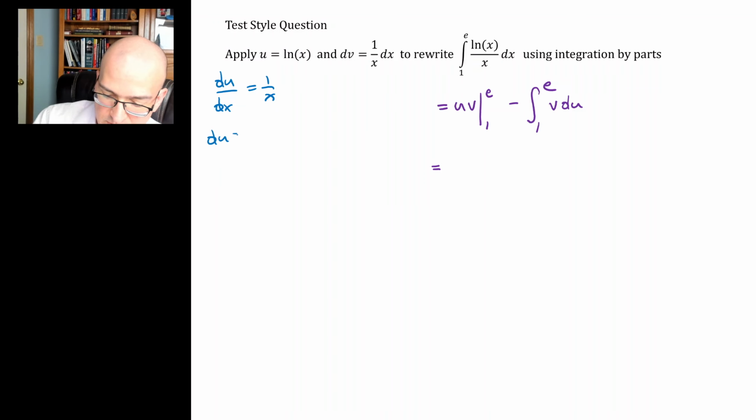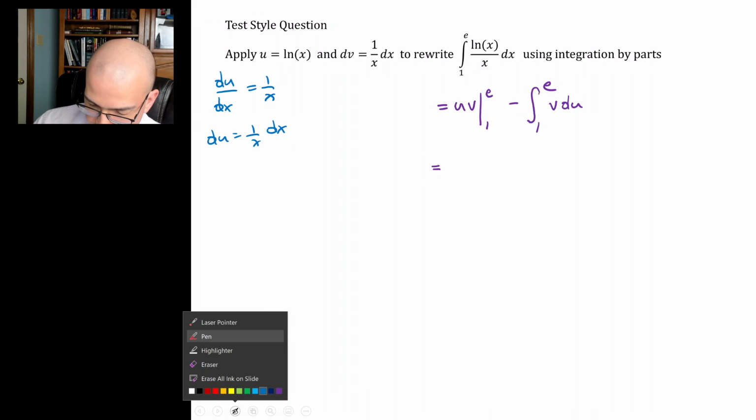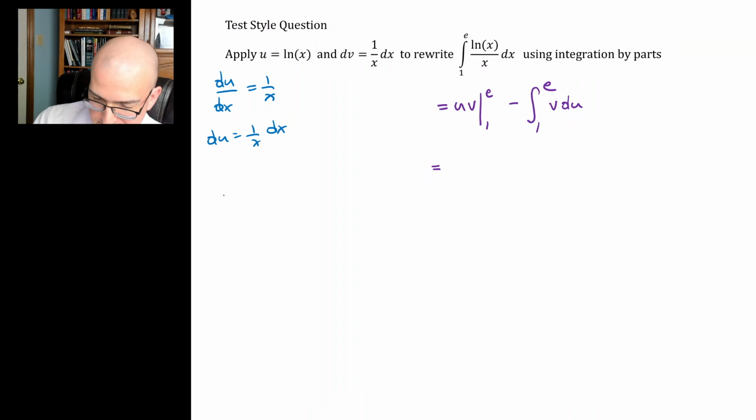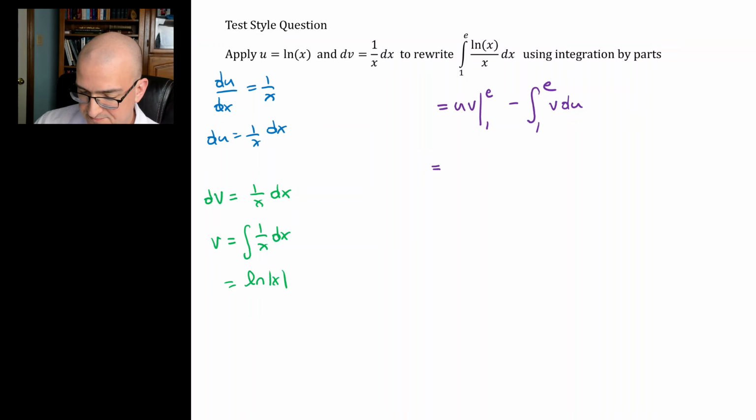So du is 1 over x dx. And dv is 1 over x dx. V is the integral of 1 over x dx, which is ln absolute value of x. So we'll plug those pieces in.